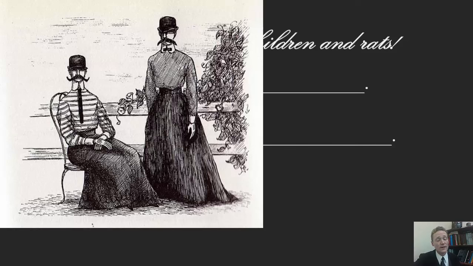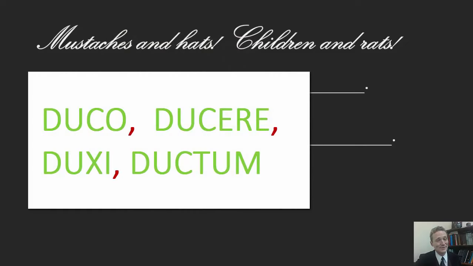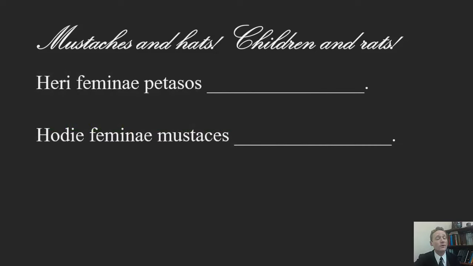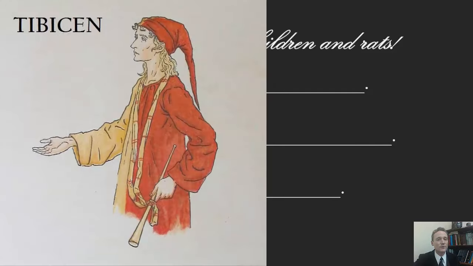The next example we're going to use will require the verb duco, ducere, duxi, ductum. You've been working with this one up to now, so you know it pretty well. But write down the principal parts for a record. So we're going to talk about this in terms of the story of the Pied Piper of Hamelin. We'll have the flute player, the piper, the tibiken.